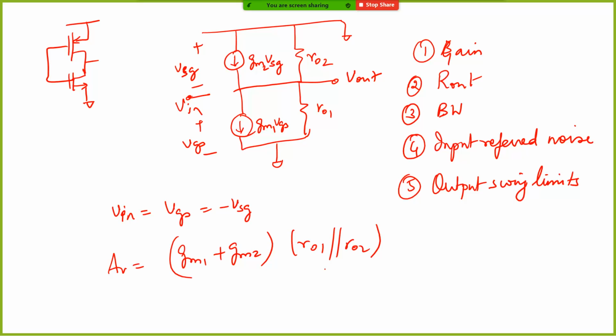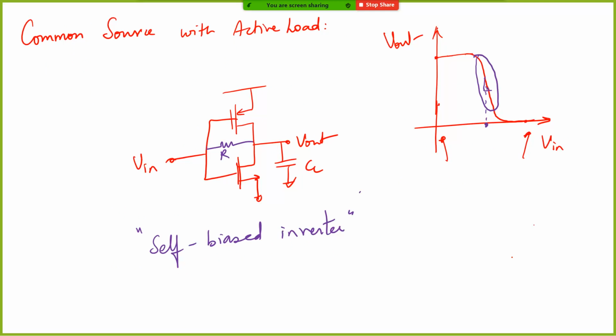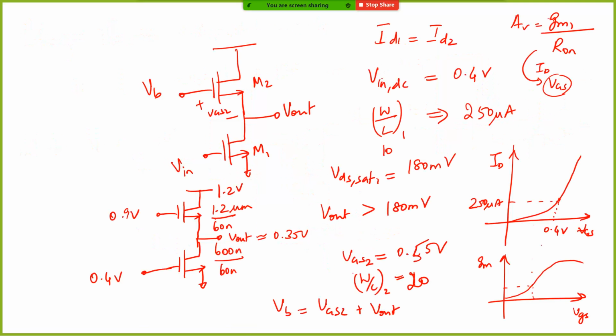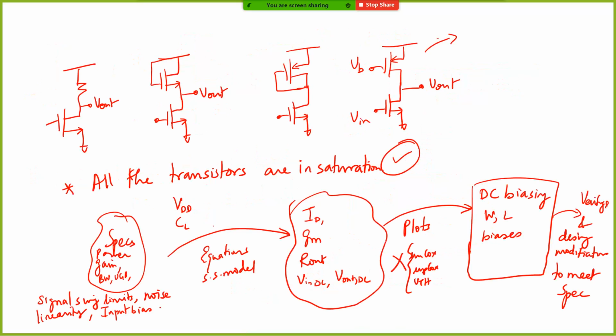You will see that, in the previous case, this transistor was a current source. The gm of this transistor did not come into the picture. The signal is not going to the gate or the source of this transistor. This transistor is just at DC, giving you a constant current.